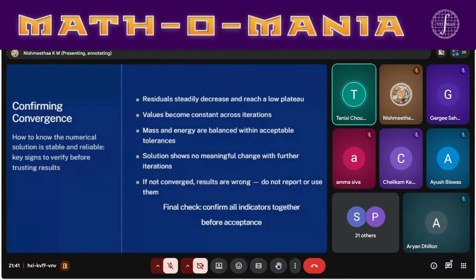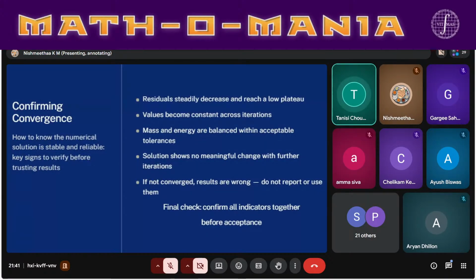First, you check whether the residuals are steadily decreasing, which means you need to minimize your error. Secondly, you have to see if the values are becoming constant across your iterations, with no more change after a point.